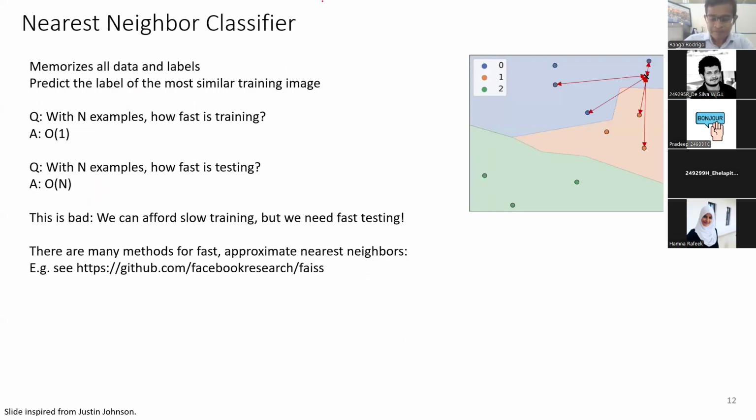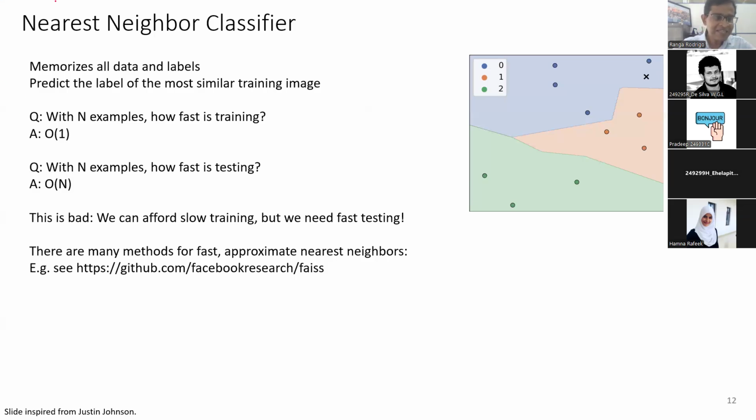Okay. So we looked at the data sets. We understood what a classifier is, and now we looked at some data sets. Now we look at one of the very simple classifiers called the nearest neighbor classifier. I think you all must have studied this nearest neighbor classifier.